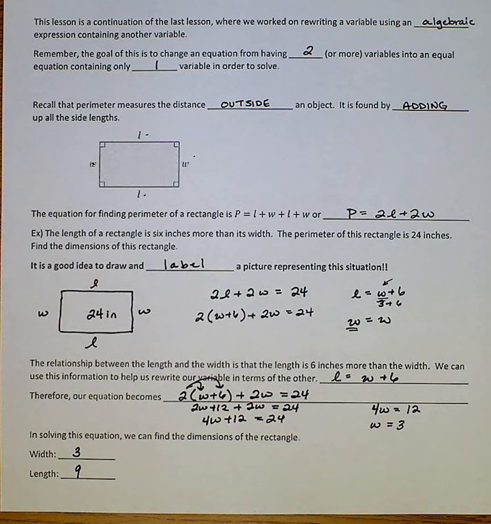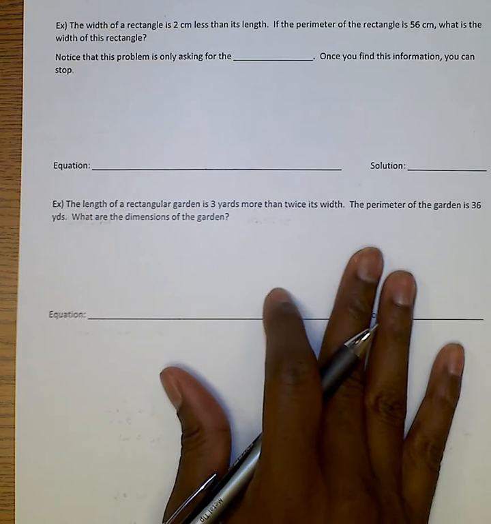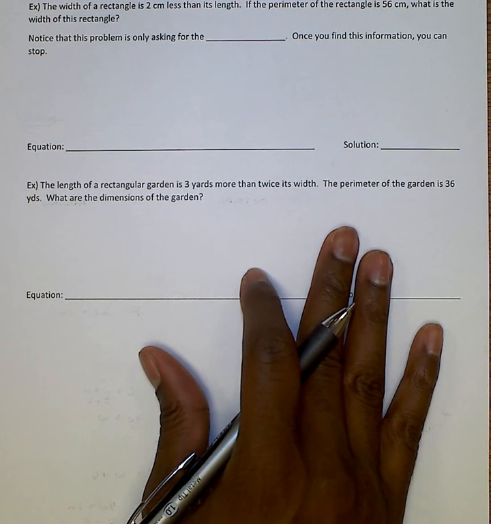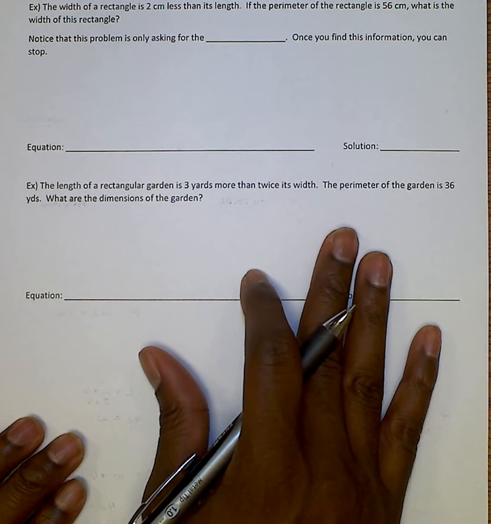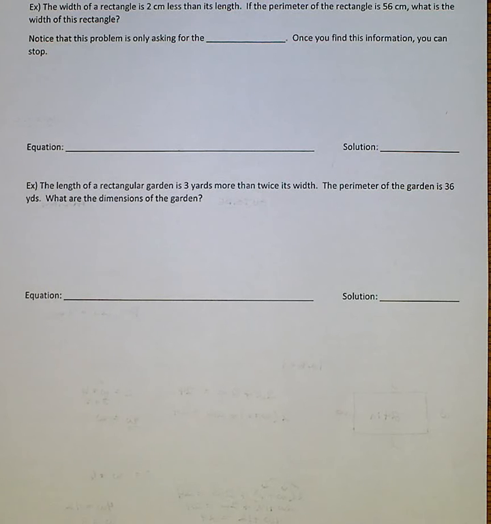Alright, let's flip to the back. This next example says the width of a rectangle is 2 centimeters less than its length. If the perimeter of the rectangle is 56 centimeters, what is the width of the rectangle? Notice that this problem is only asking for the width.